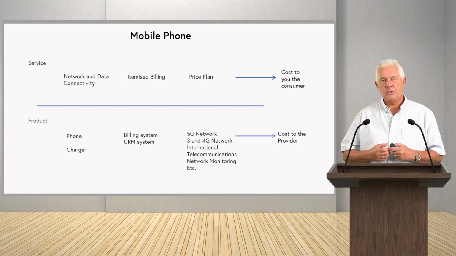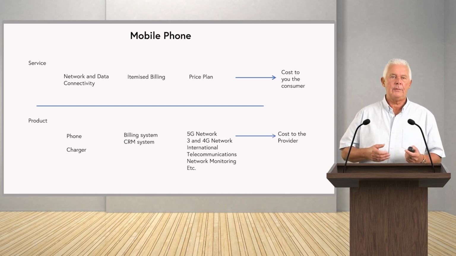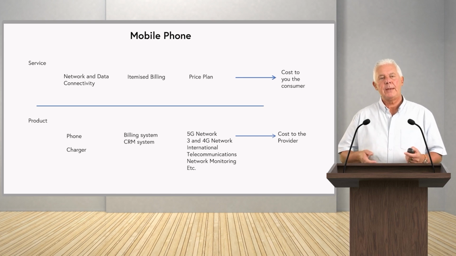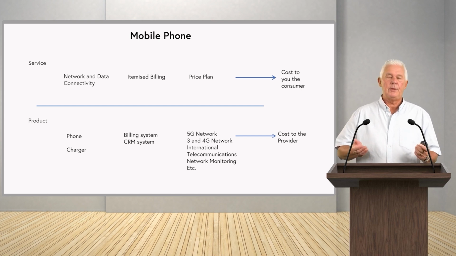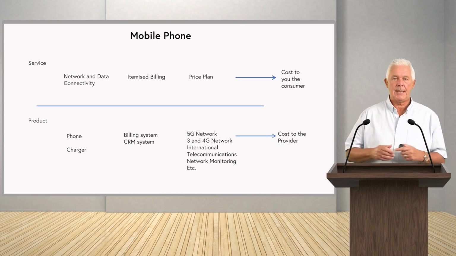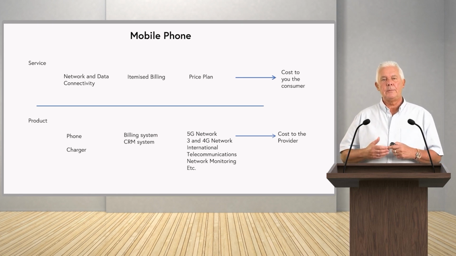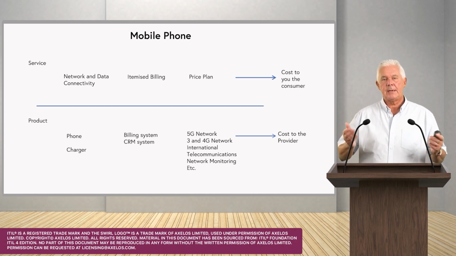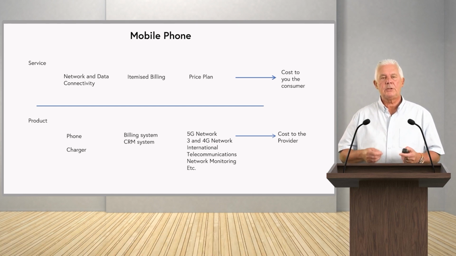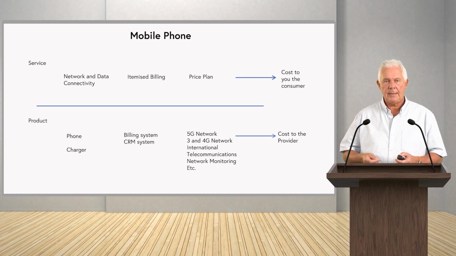You, as a consumer of the service, you have a price plan or a service offering. So you agree that you will pay a certain amount of money on a monthly basis for maybe unlimited texts, unlimited calls, and maybe a fixed amount of data, maybe 10 gigabytes of data, and you'll pay an appropriate amount of money. So the cost to you as the consumer is your usage of the service.